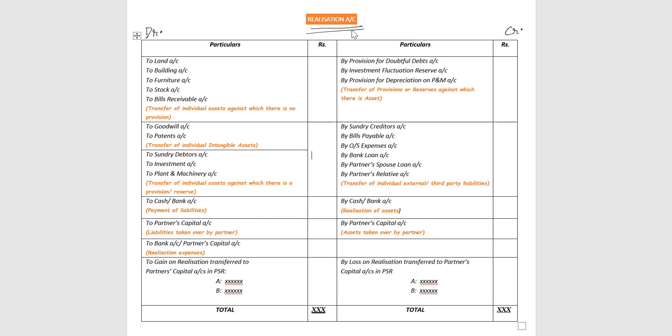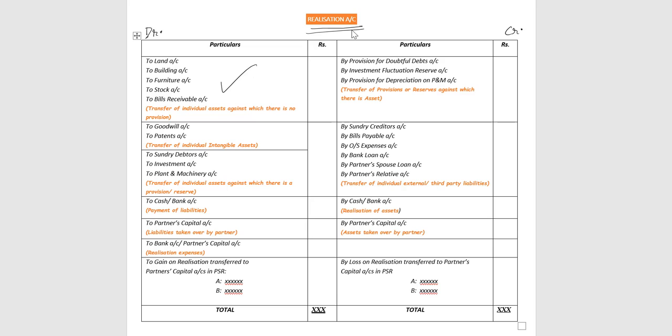The first entry, we will transfer the assets to the debit side of realization account. The assets include the transfer of individual assets against which there is no provision.